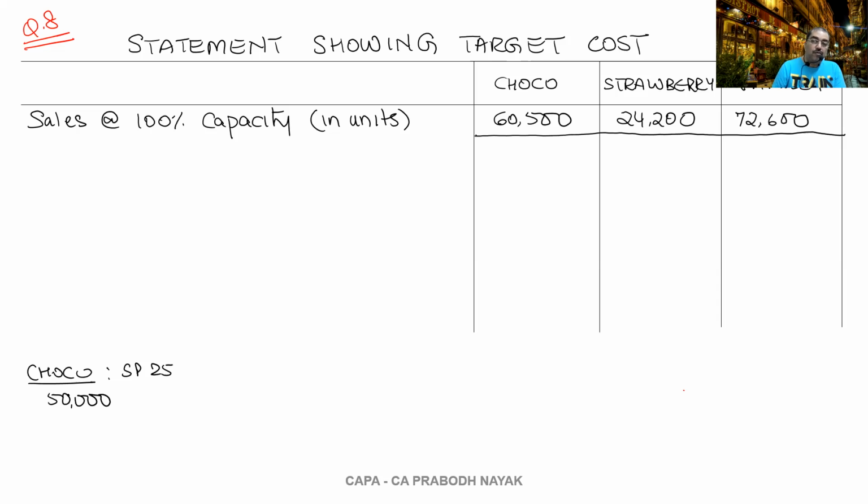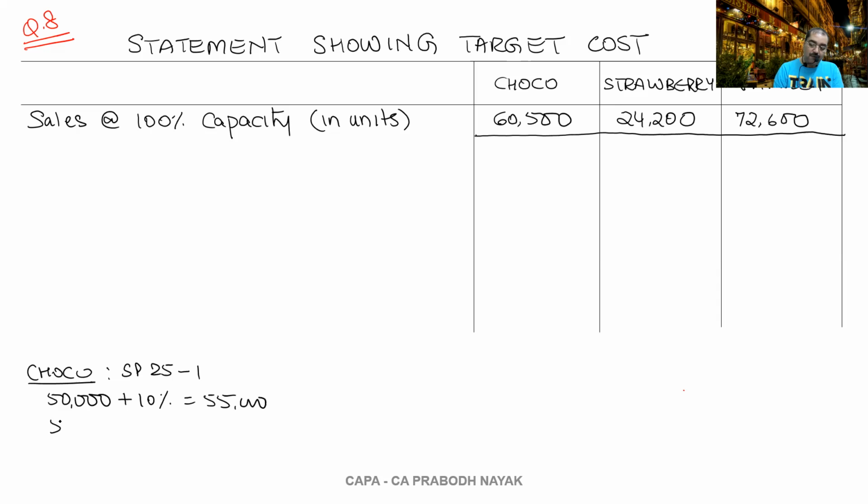Now I want to increase my production of Choco from 50,000 to 60,500. So I will increase it by 10% so that I can reduce my selling price by 1 rupee at a time. So the first time I increase by 10%, it will come to 55,000 and my selling price will reduce by 1 rupee.